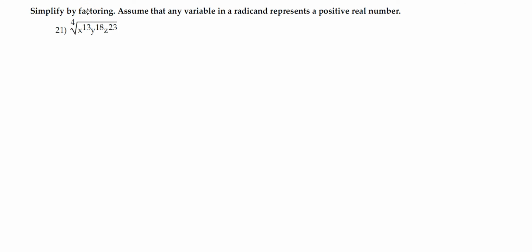All right, so we want to factor out the x to the 13th, which means we want to write so many x's. Now, x to the 13th, I want to demonstrate the brute force approach. Okay, there are 13 x's. We're looking for groups of 4 because it's a fourth root.